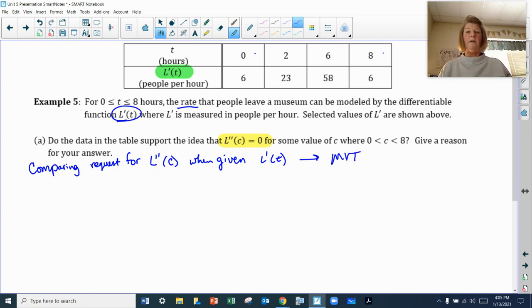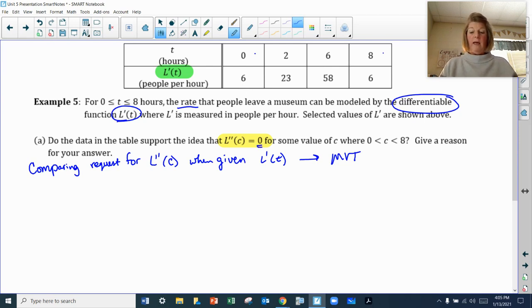We need to get another derivative taken, right? So, is the function differentiable and continuous? Well, I see the word differentiable. So, meets the hypothesis.